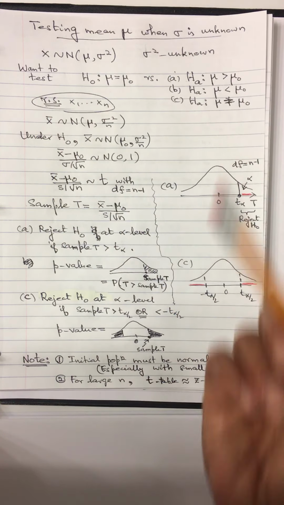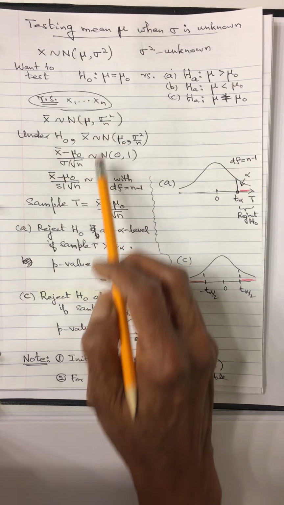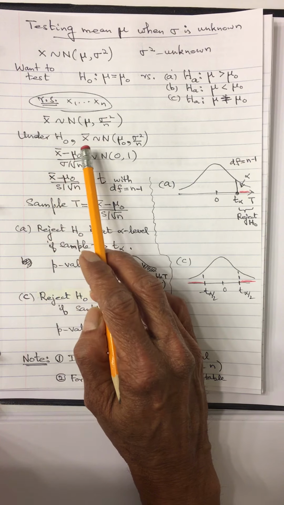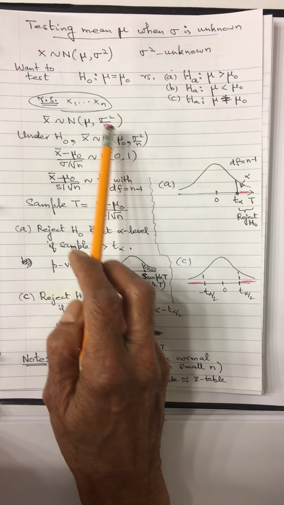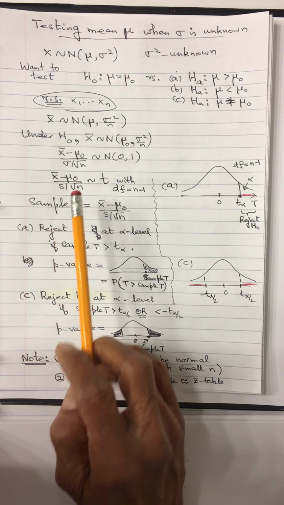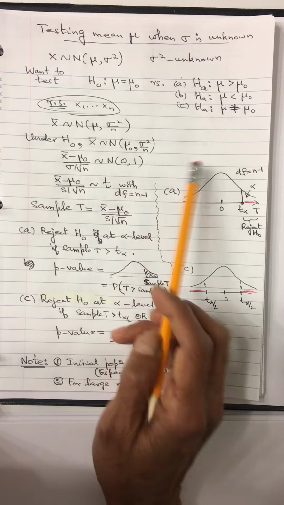You take a random sample, and under H naught the x bar has mean mu naught. So everything is the same as what we did before.